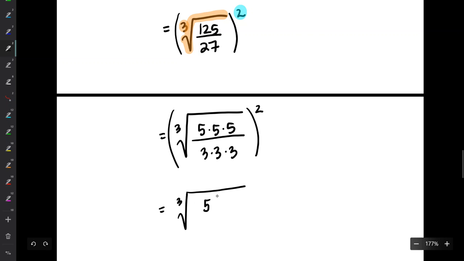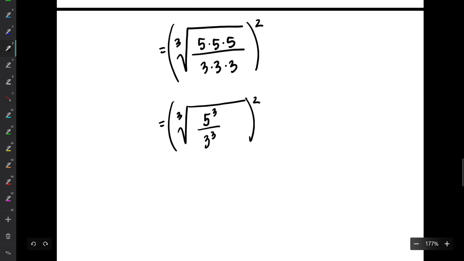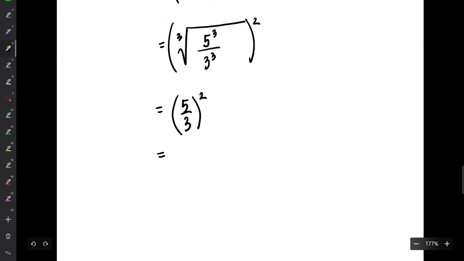We're taking the cube root of 5 cubed all over 3 cubed, which is just 5/3, and that's what's being squared. Squaring means times itself, and we multiply fractions straight across. 5 times 5 is 25, 3 times 3 is 9, and we are done.